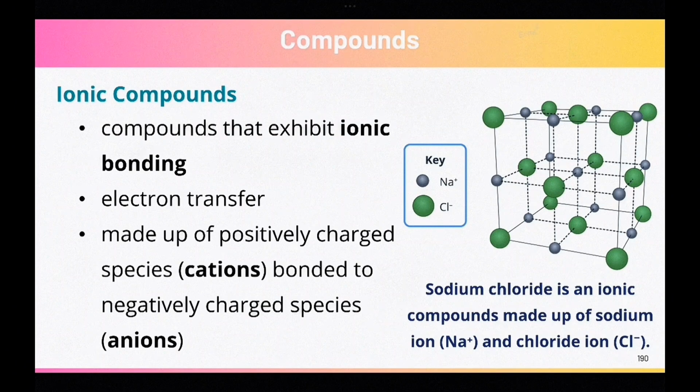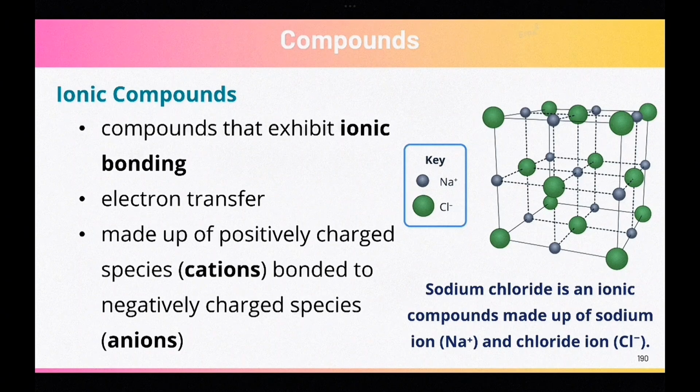Now let's move on to the compounds. So we have first the ionic compounds. These compounds exhibit ionic bonding, when electron transfer is made up of positively charged species such as cations bonded to negatively charged species such as anions.